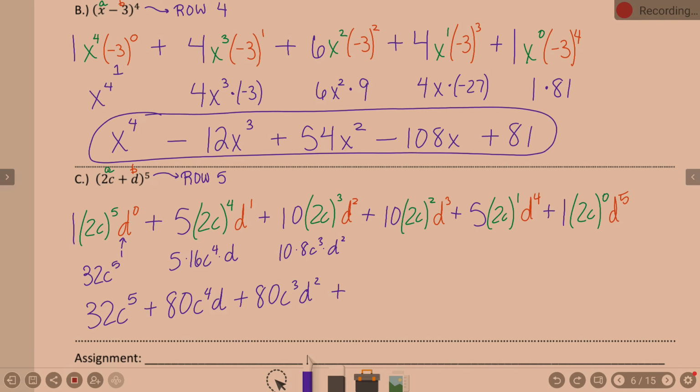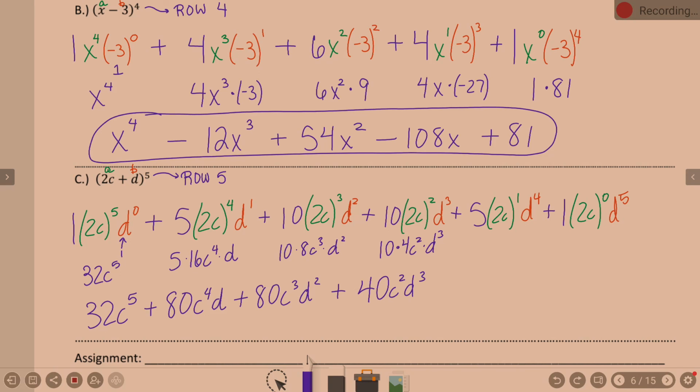Next one, I've got 10. What's 2c to the 2nd going to be? 4c to the 2nd. So 10 times 4c to the 2nd times d to the 3rd. 40c to the 2nd, d to the 3rd.